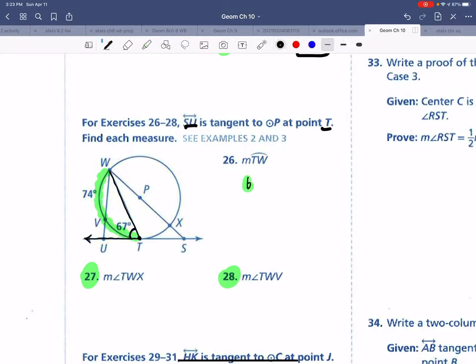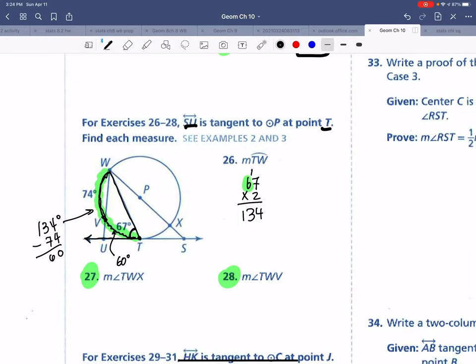So we'll go ahead and double 67. So this green part is 134. And they're telling us this part of it is 74. So if we take that off of there, we should get this. So this part, VT, is 60 degrees because 60 plus 74 is 134. And 67 is half of the snow, 134.